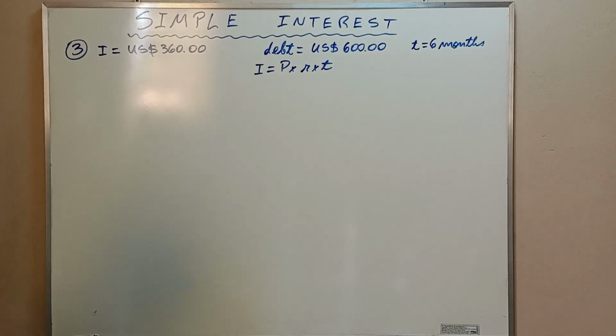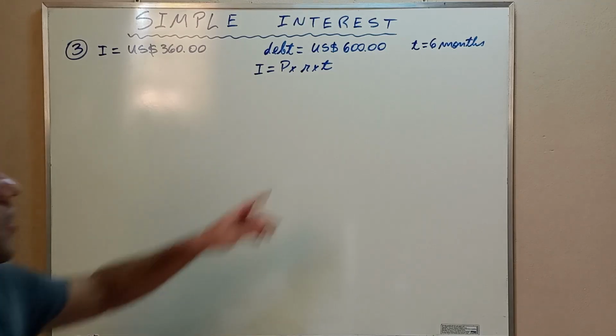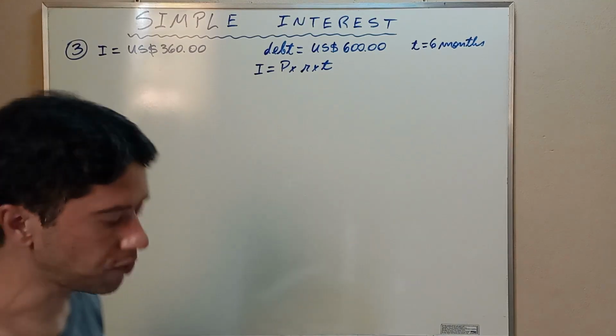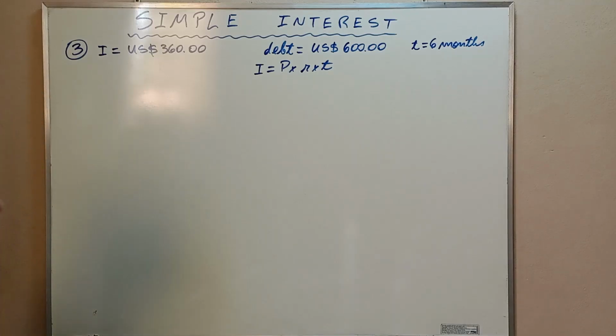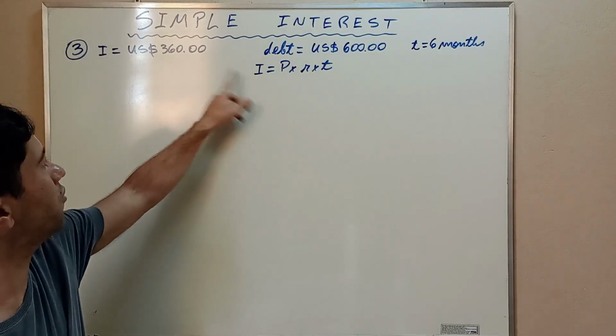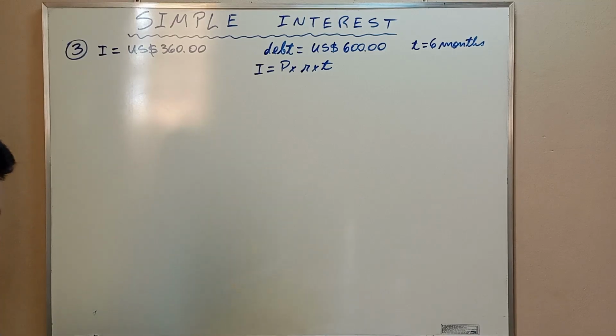Okay, the principal was said to be $600, and the interest rate we want to calculate, and the time is 6 months, and the interest $360. Okay, we have everything to use the formula and calculate what the exercise wanted.